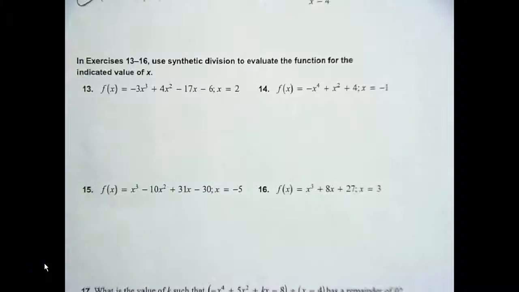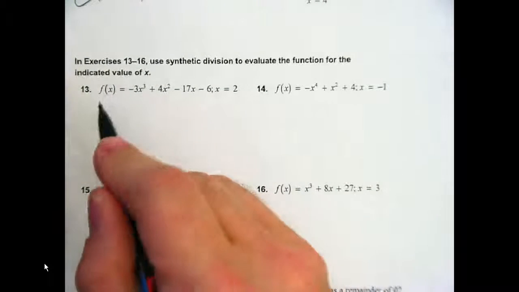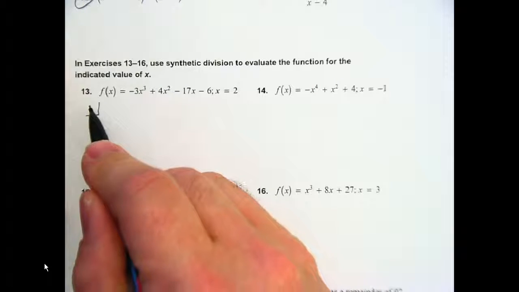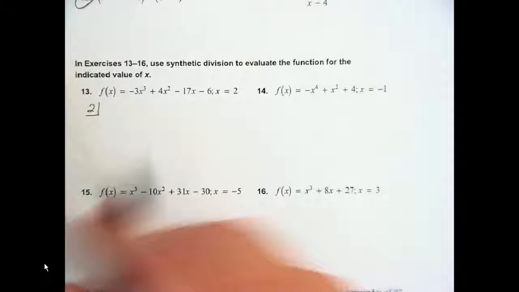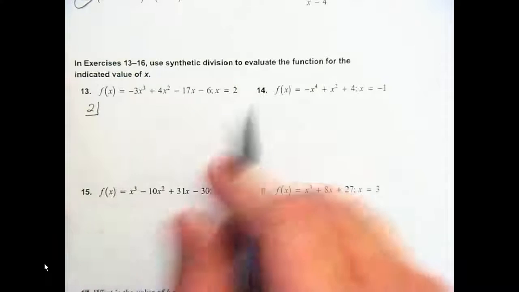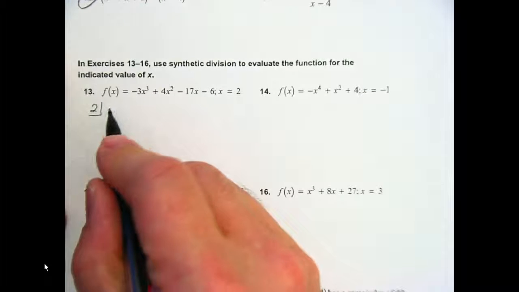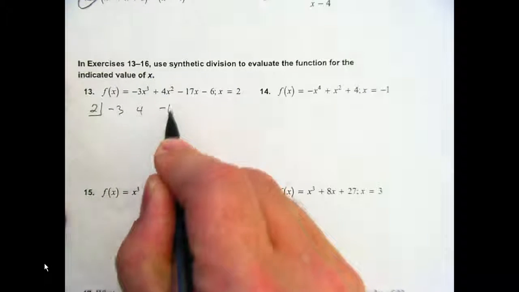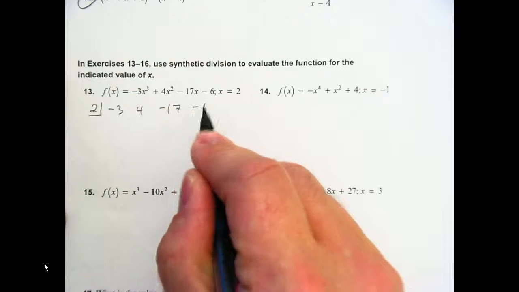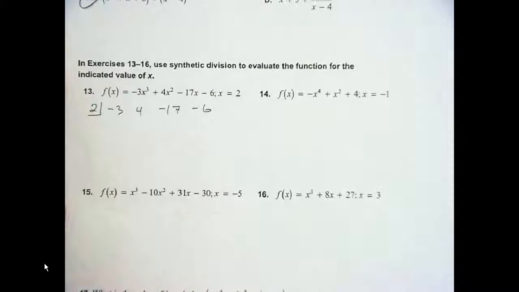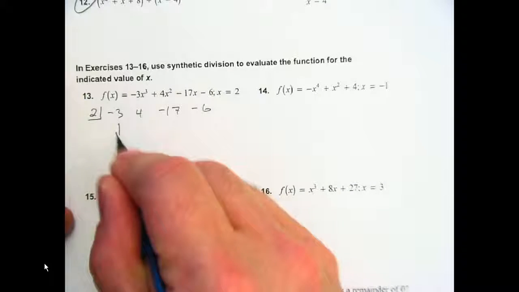Okay, using synthetic division to do this, what goes in here? 2. You're just saying x has a solution of 2, so you put the 2 in there. You get negative 3, 4, negative 17, and negative 6. And then you go through the whole process. Just a quick review of it.